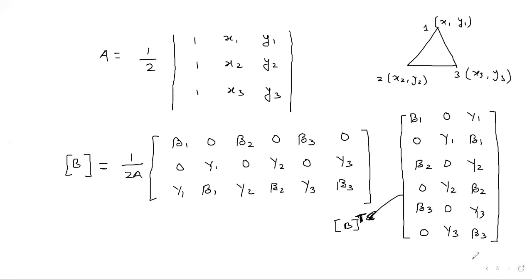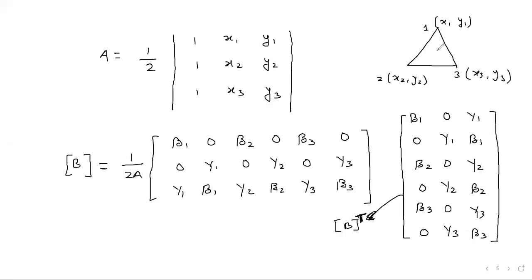Still, I will write here what beta 1 will be. Beta 1 we can write directly as y2 minus y3. Those are the coordinates. The y2 minus y3 value will give you beta 1.